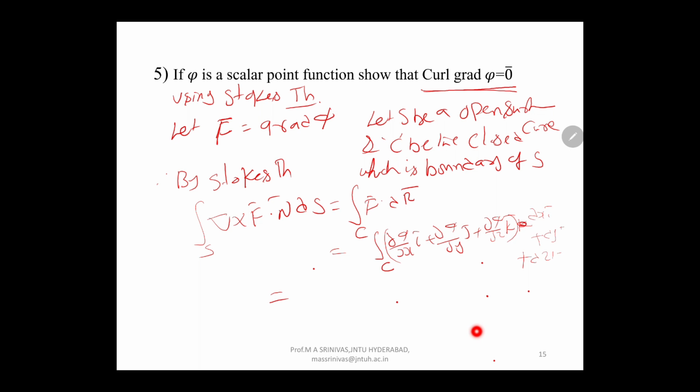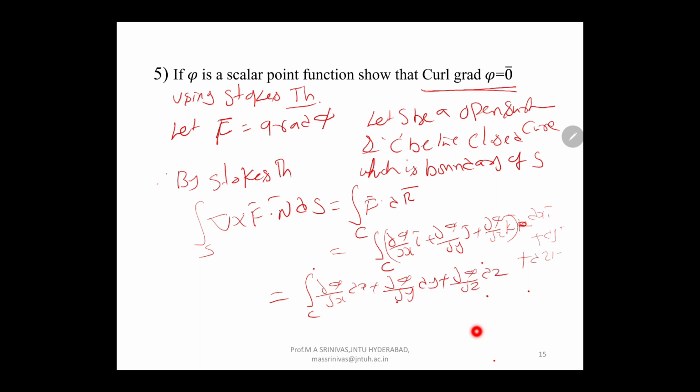So what is f bar dot dr bar then? It is something like a1 i bar plus a2 j bar plus a3 k bar dotted with b1 i bar plus b2 j bar plus b3 k bar. It will be a1 b1 plus a2 b2 and so on. Dou phi by dou x into dx plus dou phi by dou y into dy plus dou phi by dou z into dz.